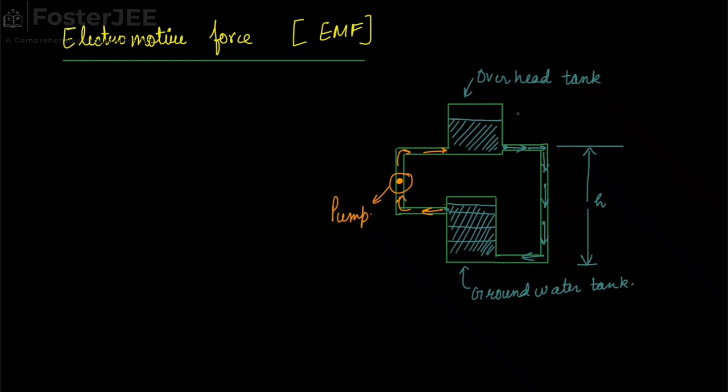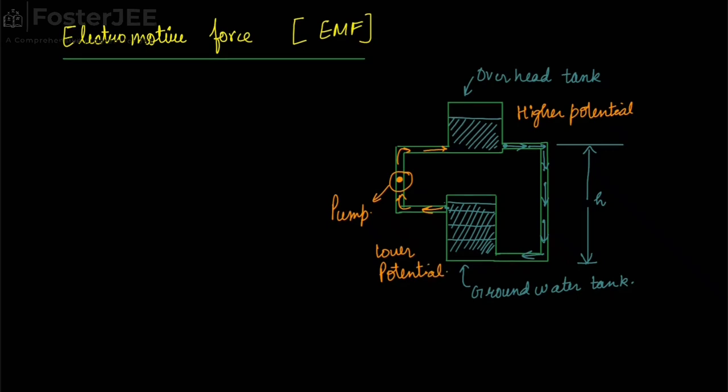In technical terms, this tank is at higher potential and this tank is at lower potential. So technically, water from higher potential travels to the lower potential, but water from lower potential needs some external agent, that is pump, which is here.